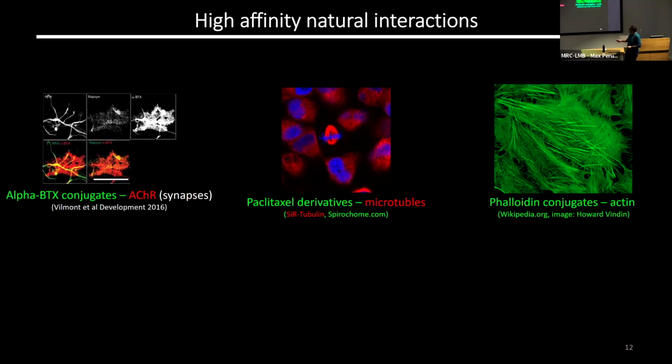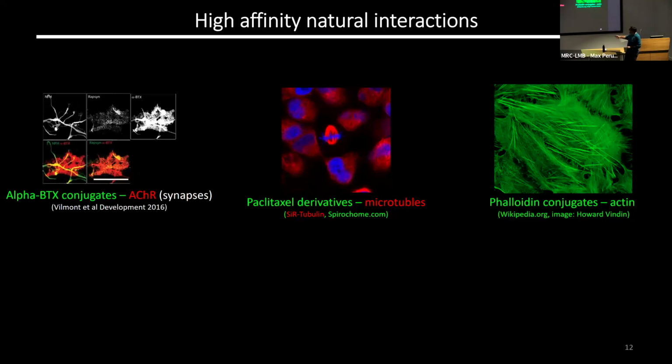And all of these here are basically toxins produced either by snakes or by mushrooms, and they can be conjugated with some kind of fluorophore. You put that toxin in your cell, and it binds. For example, here, the alpha-BTX conjugate binds to the synapses, to the acetylcholine receptors.